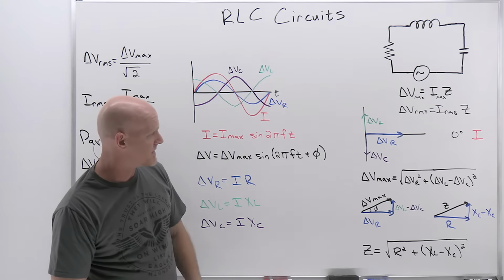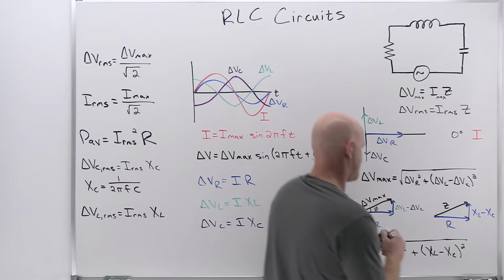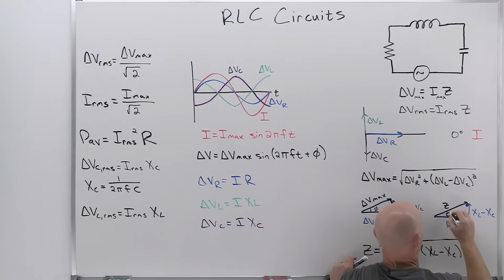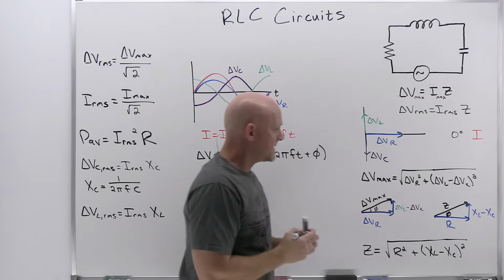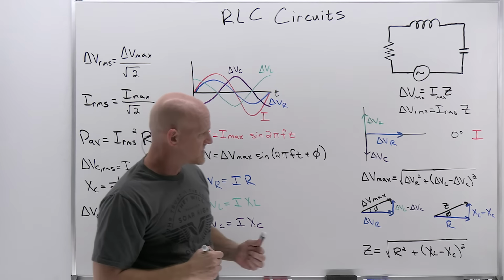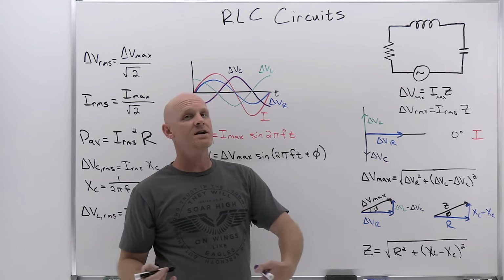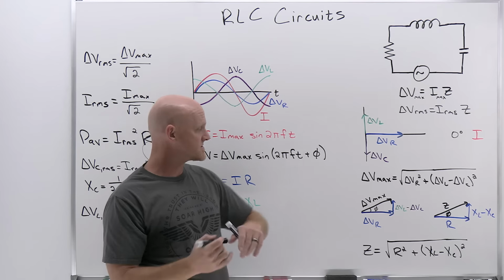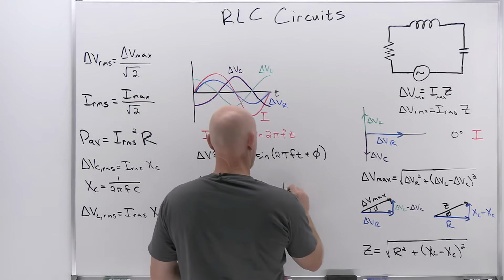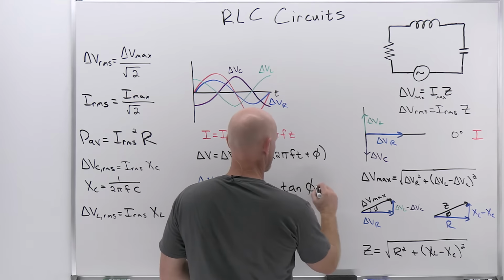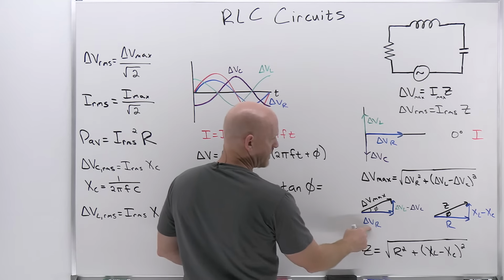Oh, let's do one other thing here. So this phase angle, phi here. Notice we can get that phase angle in one of a couple different ways. With vectors, we used to say that tangent theta is equal to the y component over the x component. Well, in this case, you could say that a couple of different ways. You could say that tangent of phi is equal to the y component over the x component.